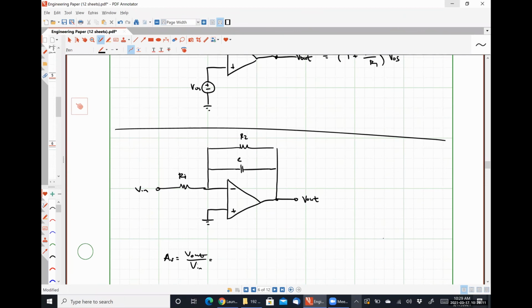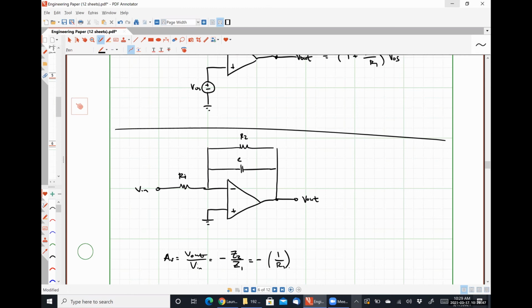So in this case, we have an impedance of R2 in parallel with that capacitor in the feedback position, and an impedance of R1 placed between our inverting input terminal and ground. So this guy is no longer looking like a non-inverting amplifier. It's looking like an inverting amplifier based on where our input signal and all that stuff is. So this should look like negative Z2 over Z1, which is going to look like negative 1 over R1.